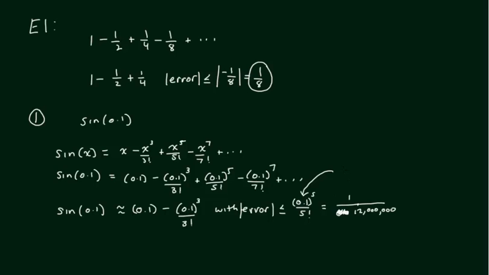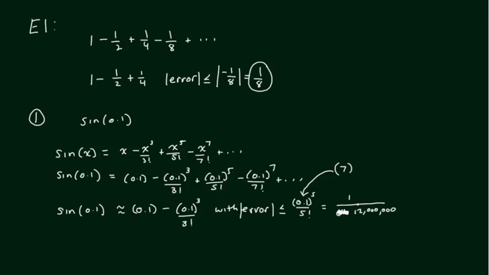Now, had we picked a value of, let's say, sine of 7, well then 7 to the 5th over 5 factorial is going to be very large, and that's not telling us much because the error can be very, very large.